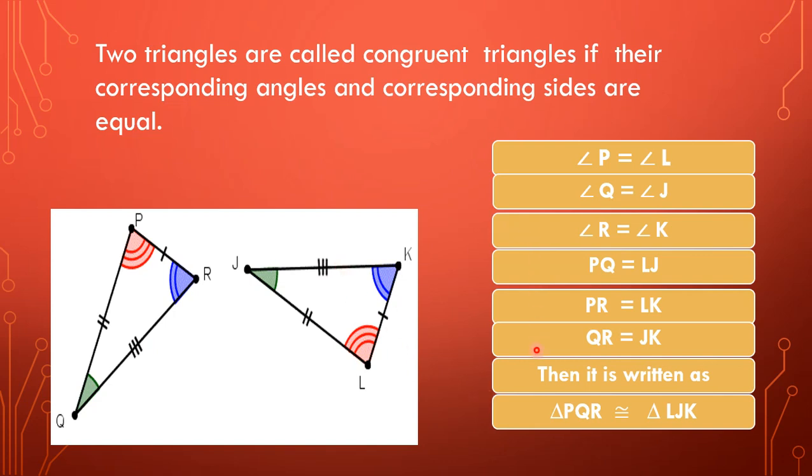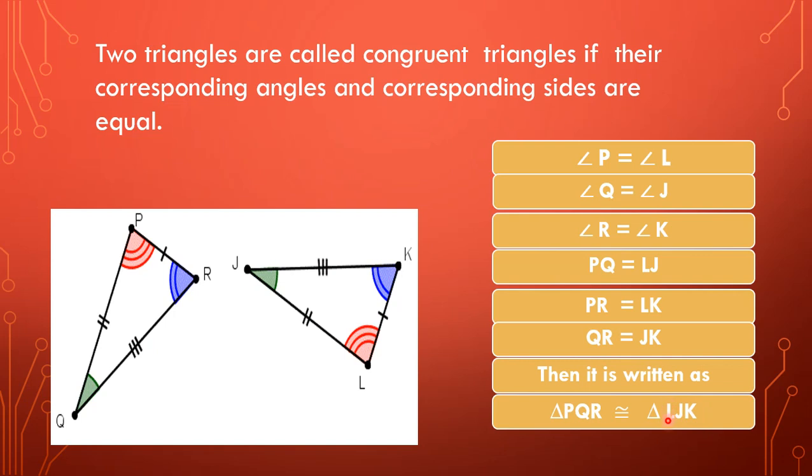So the three angles and the three sides are equal in measure in both triangles. So we can say these two triangles are congruent. Now we can write the congruency as triangle PQR is congruent to triangle LJK.